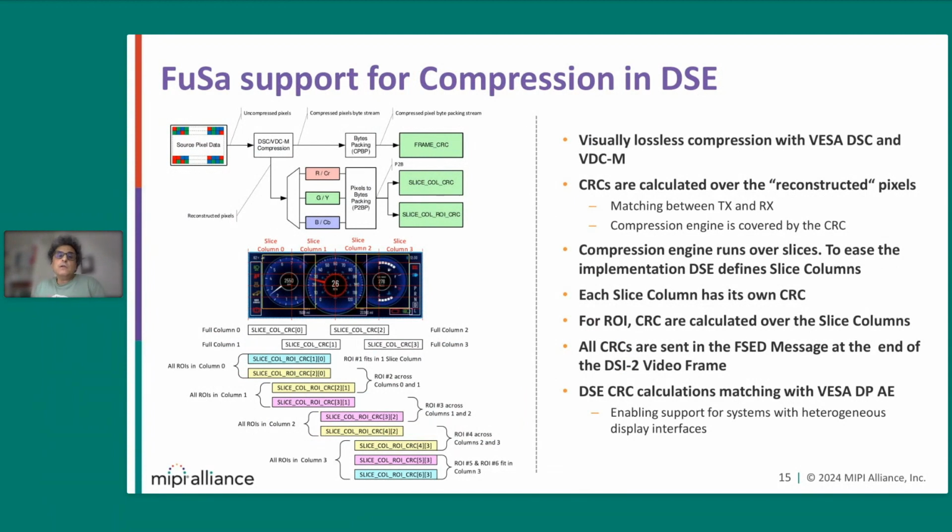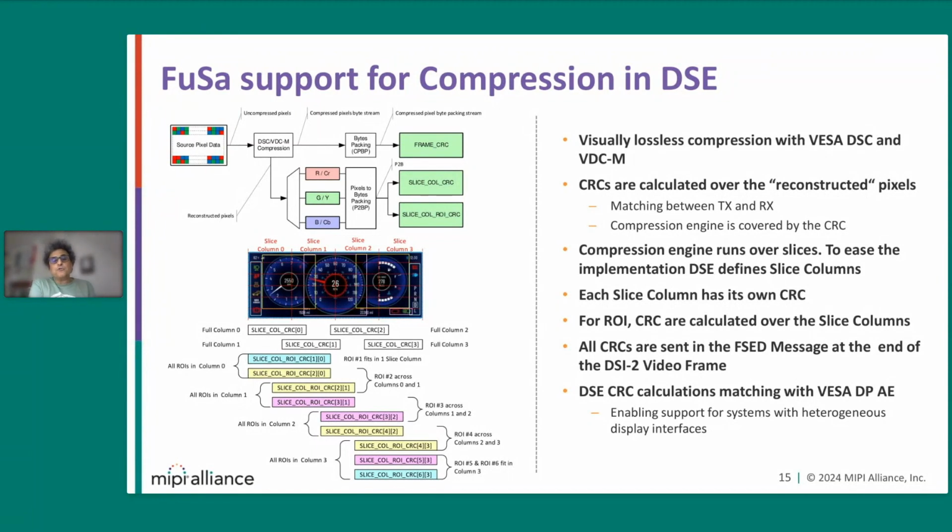And since the compression engine is running per column, per slices, in order to reduce the number of CRCs, we group all the slices into slices per column, and we calculate the CRC over one slice column, which includes multiple slices belonging to one column. And when we have region of interest, we take all the slices in one column which belong to a specific region, and we calculate a slice column region-of-interest CRC.